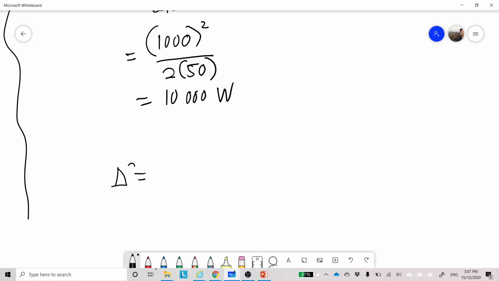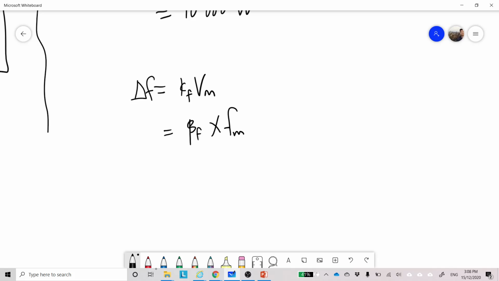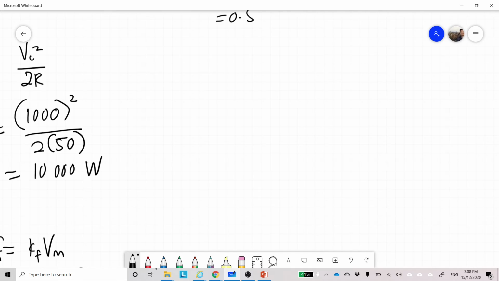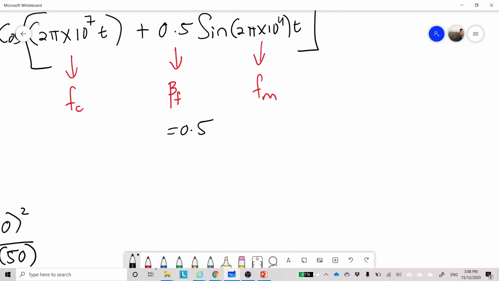Okay, so delta F is equal to KF VM, or you can also make it in terms of beta F multiplied with FM. So this is 0.5 multiplied with FM. Berapakah frekuensi FM? Adalah 1 kali 10 kuasa 4, bermakna ada 4 kosong.